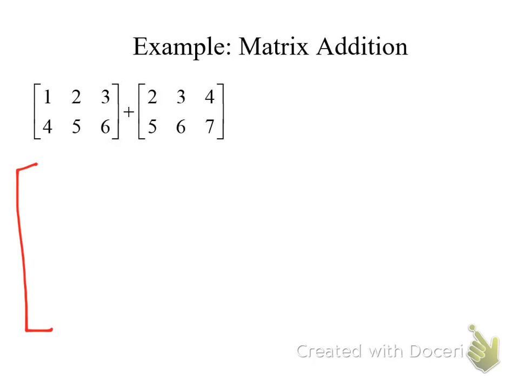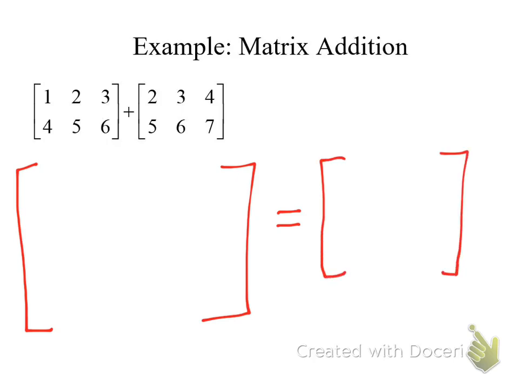Getting started, I'm going to write one big matrix so I can have lots of space, and then I will write a separate matrix once I've simplified. My final matrix, because both of these are 2 by 3s, has 2 by 3 slots. These over here are a little bit bigger size-wise because I need space to show my work and what I'm adding.